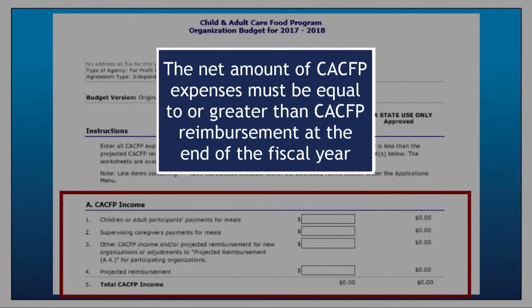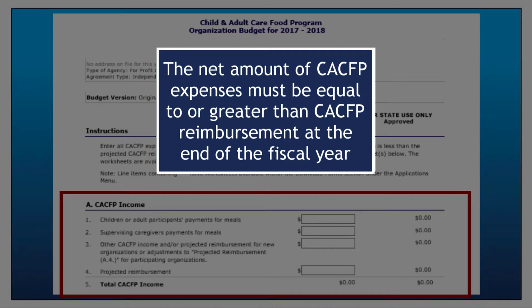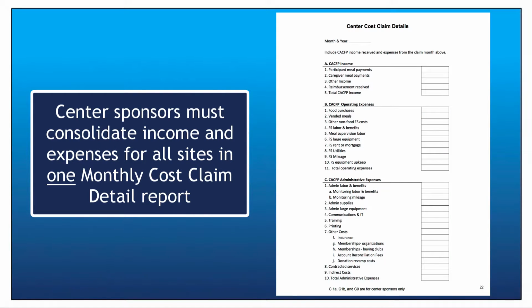The net amount of CACFP expenses must be equal to or greater than CACFP reimbursement at the end of the fiscal year. Center sponsors must consolidate income and expenses for all sites in one monthly cost claim detail report.